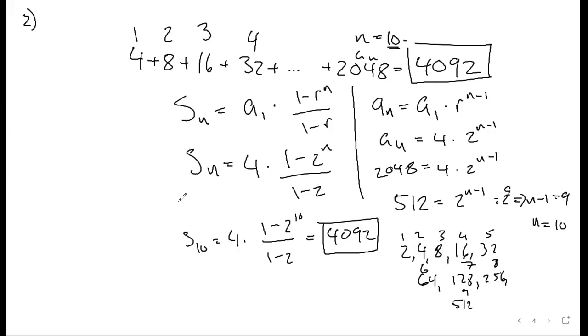That's 1023 divided by 1 minus 2, multiplied by 4. I don't know. It says I'm right, but double check, Jesus. Just double check. Okay.